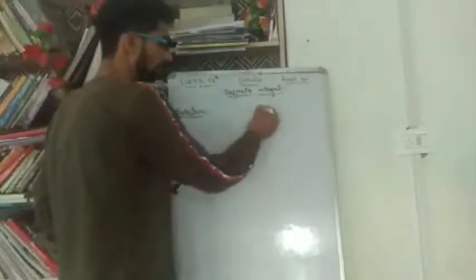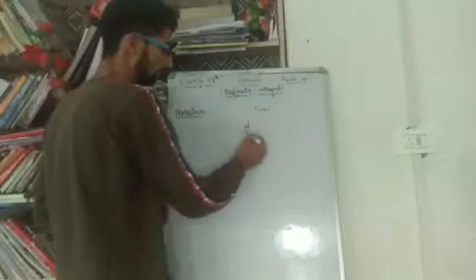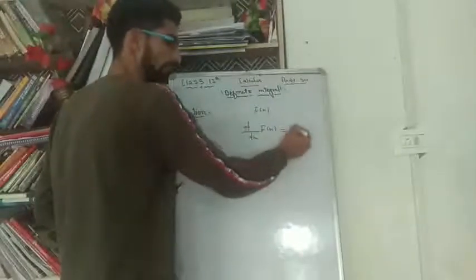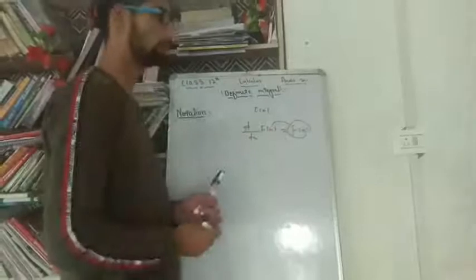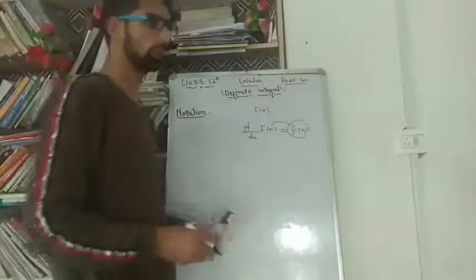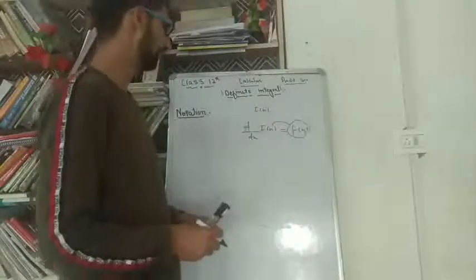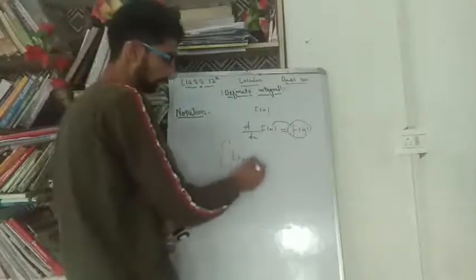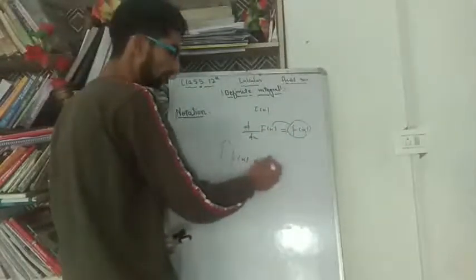And we know what a primitive is: if we have a function F of x, and the derivative of this F of x is equal to small f of x, then we say the primitive of this f of x is F of x. This primitive is not unique for a function. When we define the indefinite integral of f of x, we say it is the family of primitives.